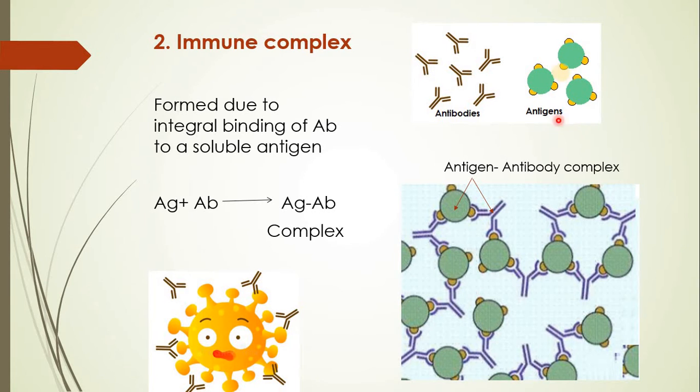When these soluble antigens, which are multivalent in nature, come across the specific antibody, there is binding between the paratope of the antibody and the epitope of the antigen, which is, you can say, mustard yellow in color, and this results in formation of the immune complex, and this is the second step involved in formation of antigen antibody complexes.